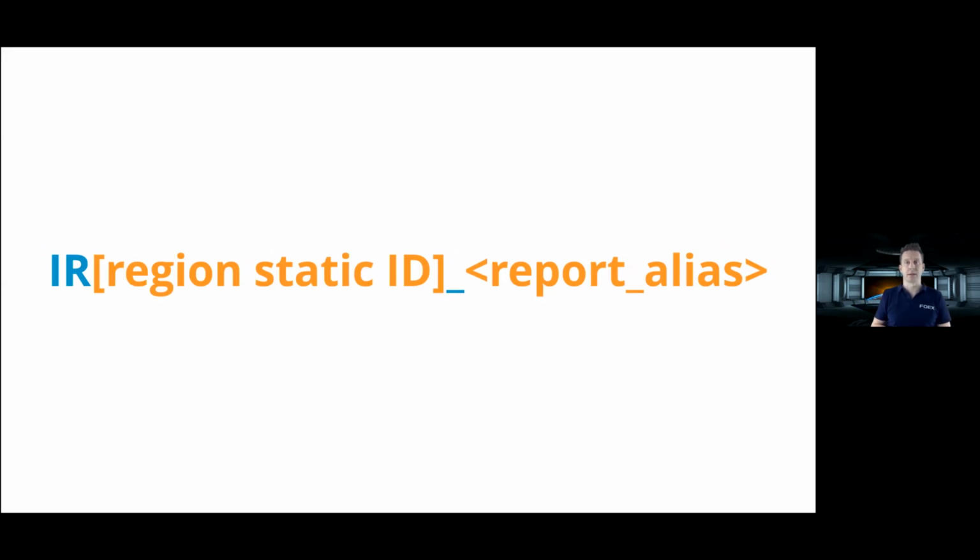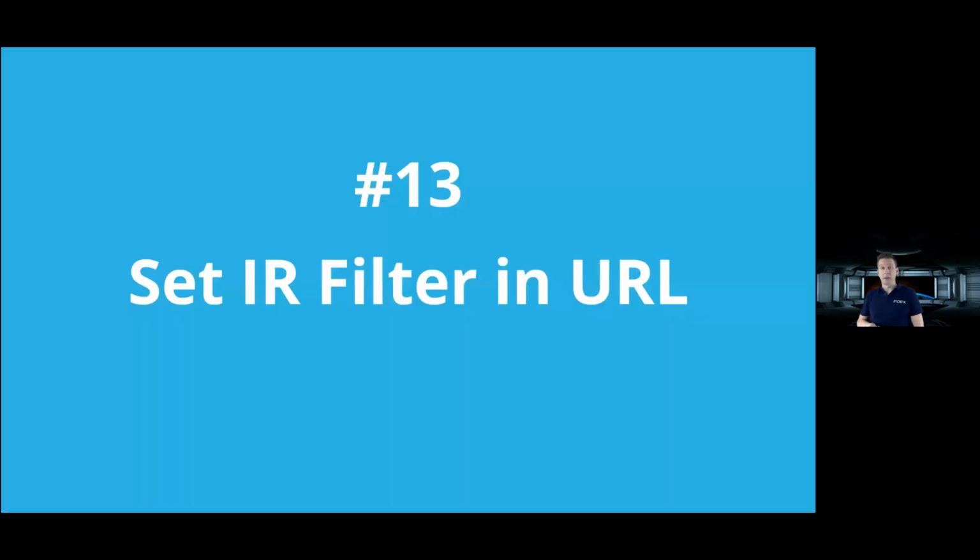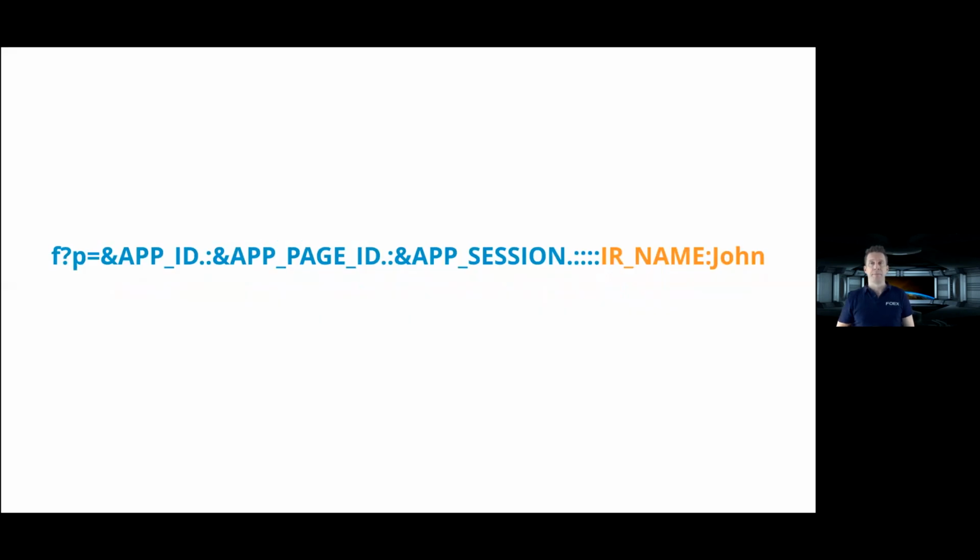Quite similar, when linking to a page with an interactive report, you can also pass filters in the URL. So you can pre-filter the report you're opening. And it works exactly the same way as passing values to page items. So in the item name and value section, you specify the column alias of your interactive report and the filter criteria.